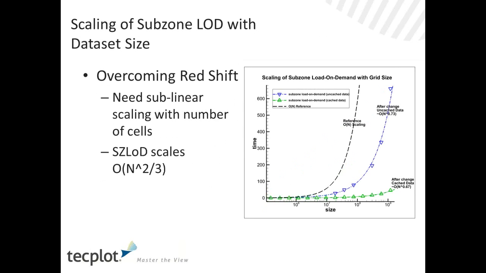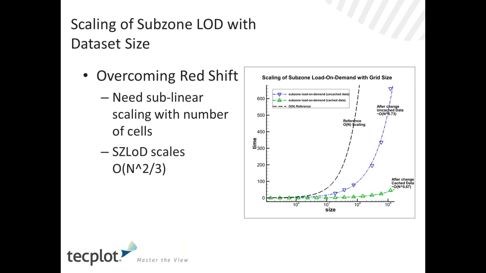This is the same case, but this is where we're actually trying to determine the scaling. How does it scale over time? In this case, you can see that it scales within the 2/3 in terms of the size of the data set, the number of cells in the data set. So N is the number of cells. The amount of data that you load and the time to actually generate, in this case, an isosurface, goes with N to the 2/3, which is what we were hoping for.